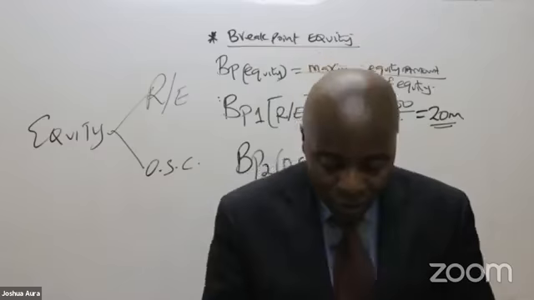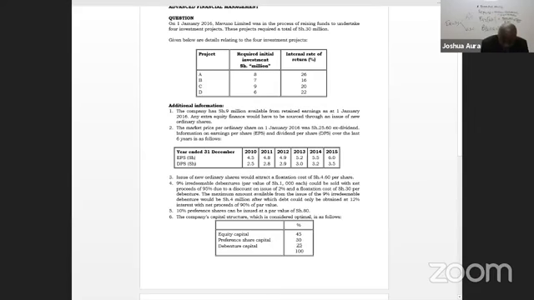In this question, ladies and gentlemen, additional information 1 tells me the company has 9 million available from retained earnings as at 1st January 2016. Any extra equity finance would have to be sourced through an issue of new ordinary shares.